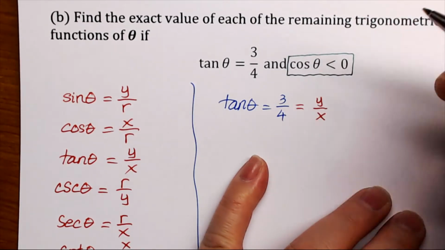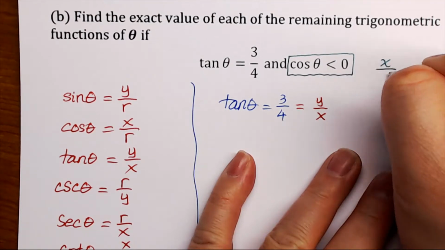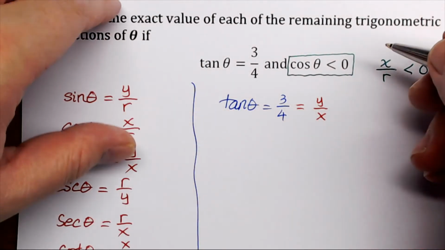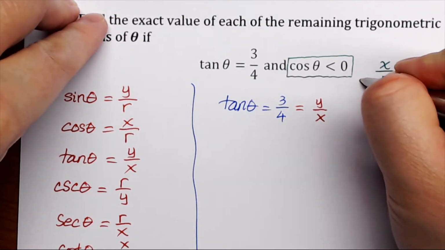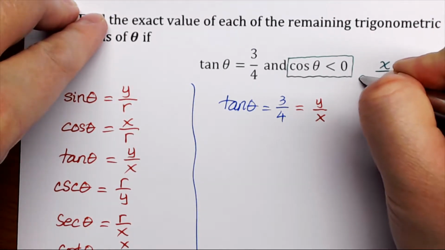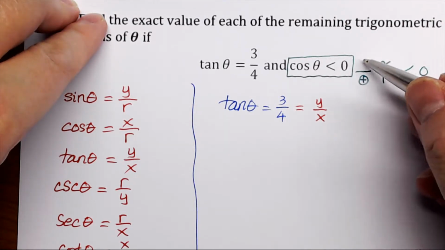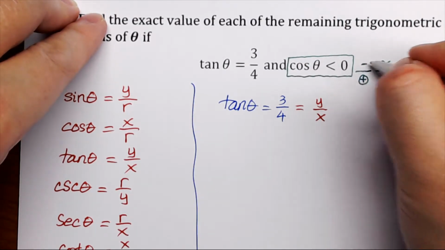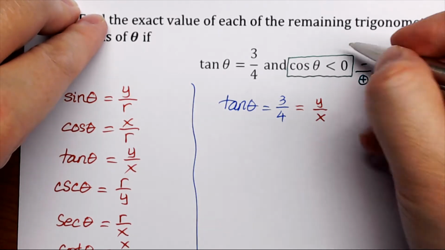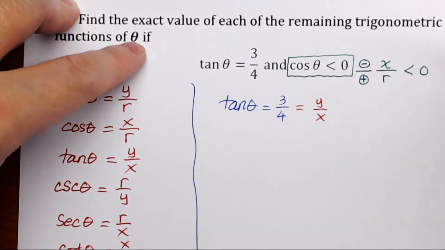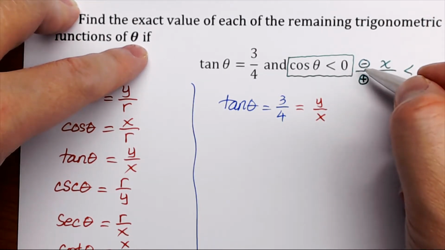Cosine is negative. Cosine is x over r and it is negative. We know that we will let r always be positive. And because of that, x must be negative. Because the ratio is negative, one of them is negative and the other one is positive. So x is negative here.